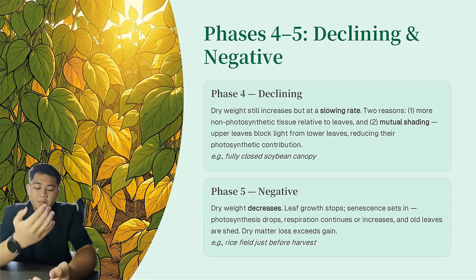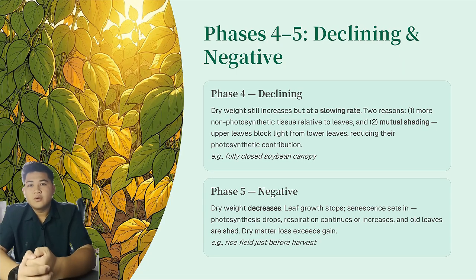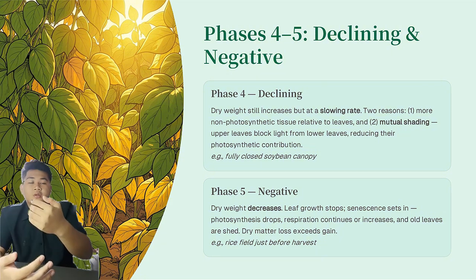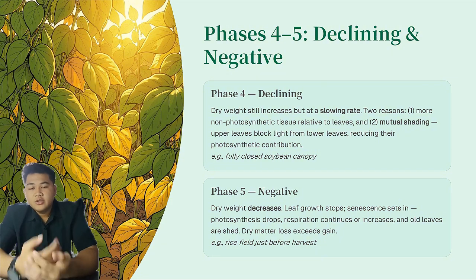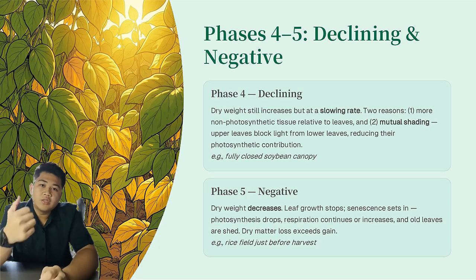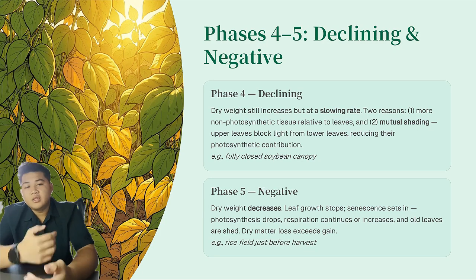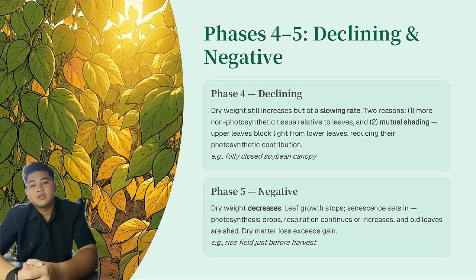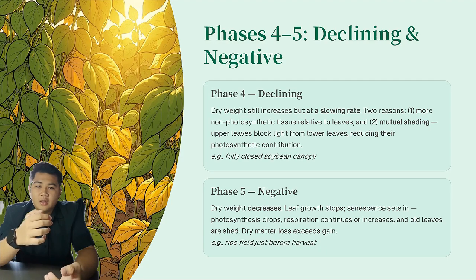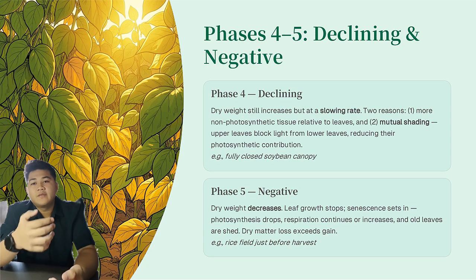The plant moves nutrients from leaves to seeds, stem, and roots. Eventually, the plant uses more dry weight through respiration than it gains through photosynthesis. For an annual plant, this marks the end of its life cycle.